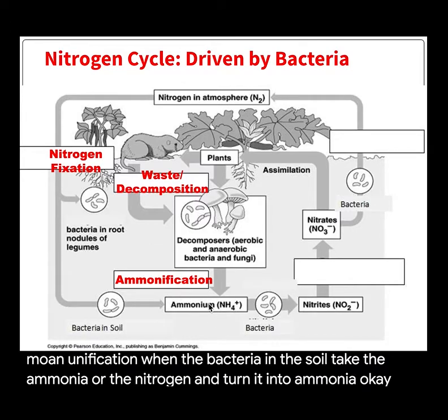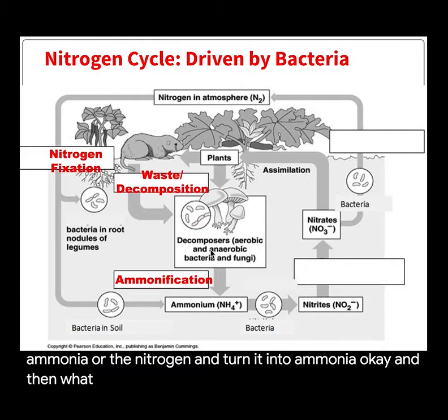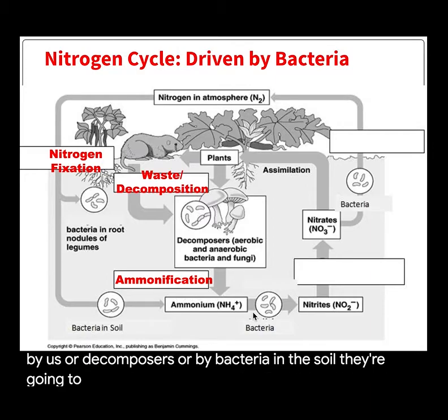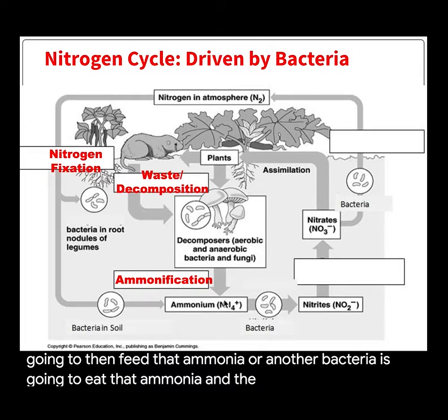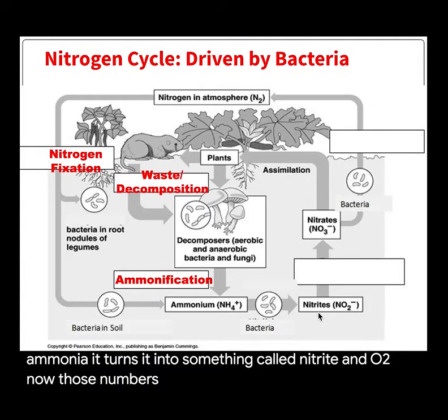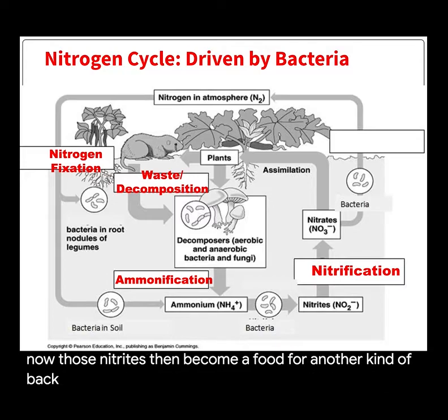Okay. And then this ammonia that's being produced by us, or decomposers, or by bacteria in the soil, another bacteria is going to eat that ammonia. When it eats that ammonia, it turns it into something called nitrite, NO2. Now, those nitrites then become a food for another kind of bacteria.